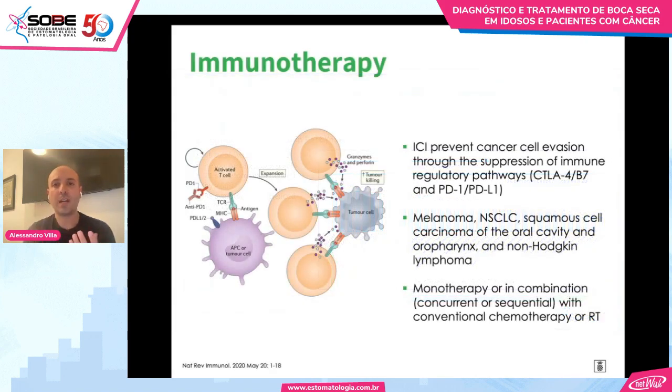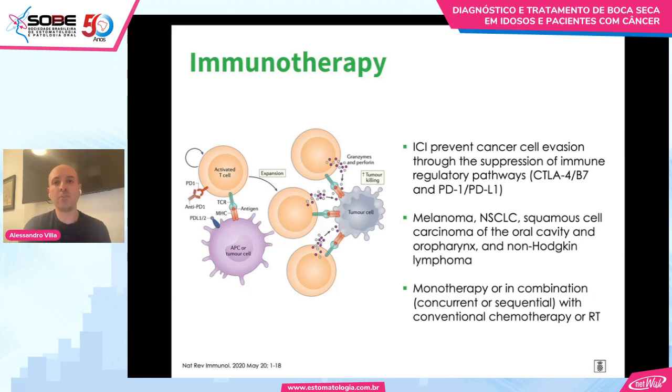So we saw that dry mouth can be secondary to dehydration, certain medications, or an autoimmune disease like Sjogren disease. But when we focus on cancer patients, I'd like to spend a little bit of time on immunotherapy, because immunotherapy is now widely used for a variety of cancers, from metastatic head and neck cancer to melanoma, and also some of the hematologic malignancies.